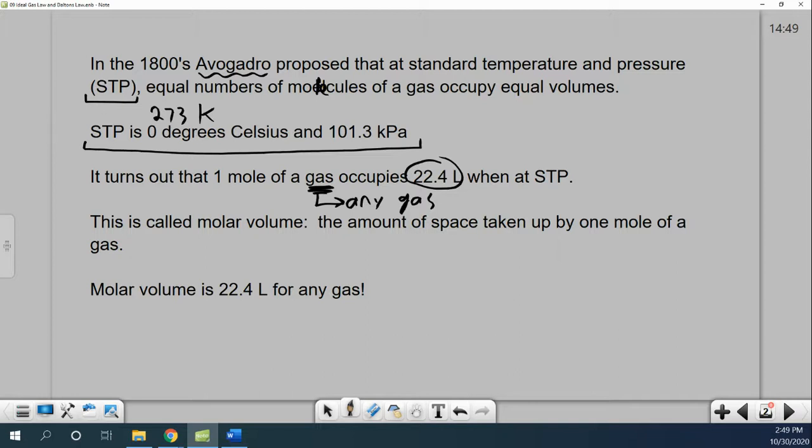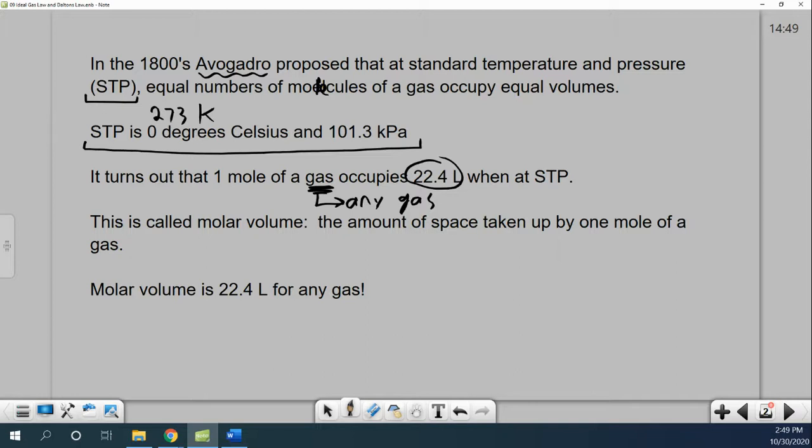Now, there are some edge cases where gases don't act properly. They're non-ideal gases. And that can be if you're under a lot of pressure or something weird is happening. Or some gases just don't, because there are too many intermolecular forces with the gas, so they act oddly. But again, those are edge cases. You don't have to worry about that. For our course, for all intents and purposes, we're only going to be looking at ideal gases.